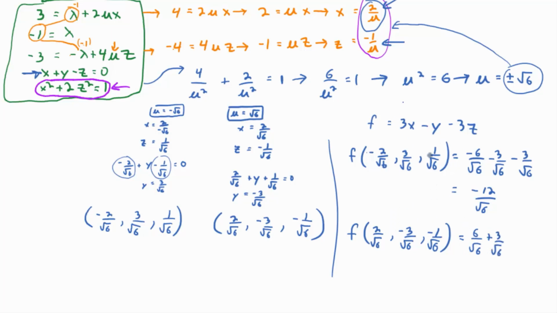I'm double checking, probably because I'm tired. So definitely 12 over root 6. A positive is bigger than a negative number, right? So this one is your absolute max, and this one is your absolute min. Whew. All right.